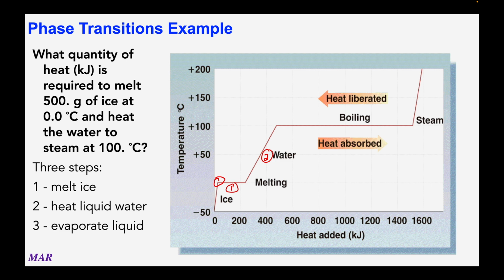We'll use the mass of water times 4.184, the specific heat capacity, times the delta T, which will be 100 minus 0, to figure out what that value is going to be. And then finally, step 3, we're going to take that liquid water at 100 degrees and we're going to turn it into steam at 100 degrees. So we're going to use the mass of the object times some type of delta H vaporization, which is the energy required to vaporize it, to figure out the Q part there.